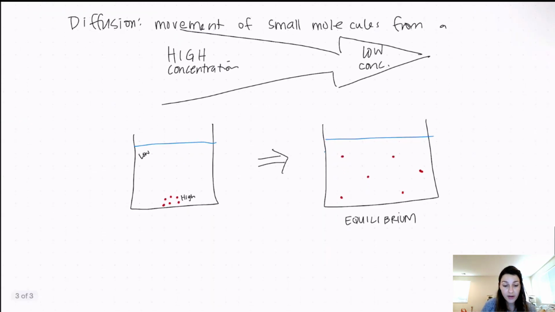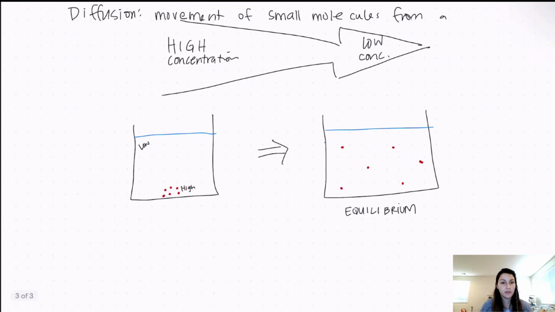Diffusion can happen in a couple of different ways. We call the process we just drew simple diffusion. Diffusion can be simple or it can be facilitated.